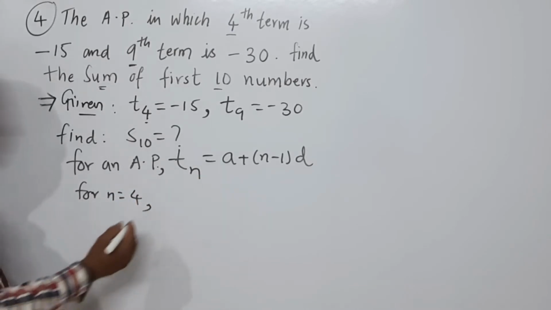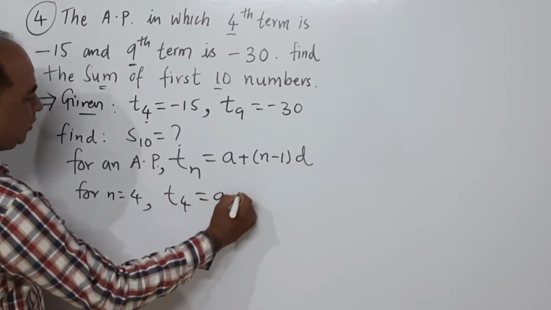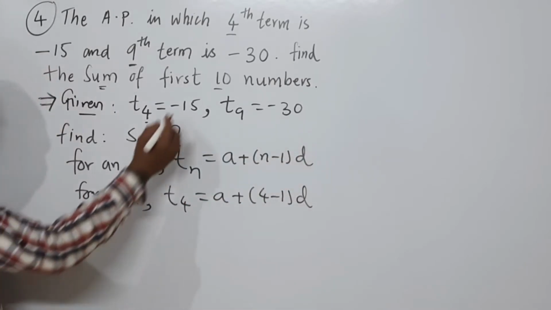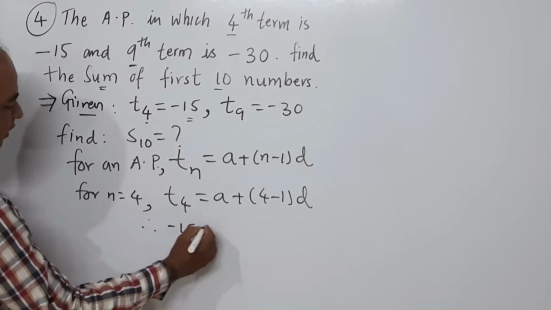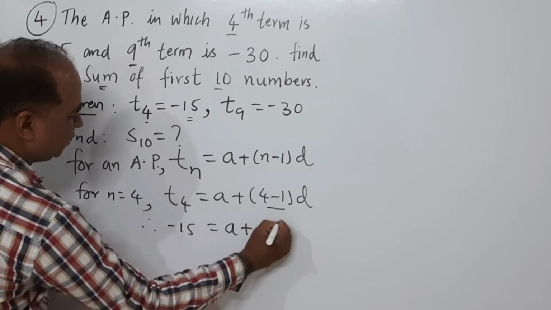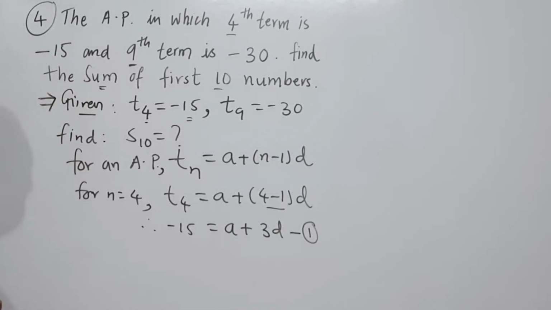So T4 is equal to A plus 4 minus 1 into D. T4 is given as minus 15. Therefore, minus 15 is equal to A plus 4 minus 1, that is 3D. This is an equation in two variables, equation number 1.